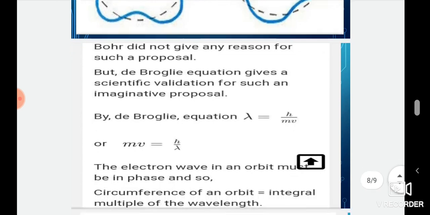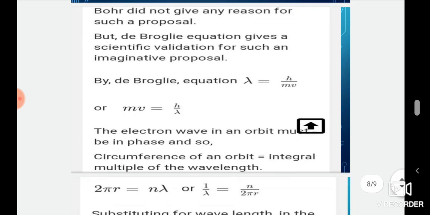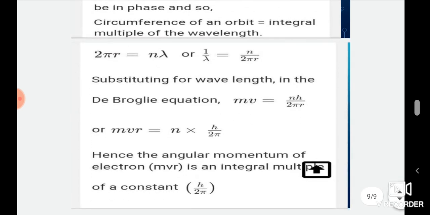Okay. So what we see here is that the electron which is moving in this circular orbital must have the value n lambda. That is the circumference, यानी जो परिधि है इस सर्कल की, उसका जो मान होता है वो होता है 2πr, and that is equal to n lambda, right?